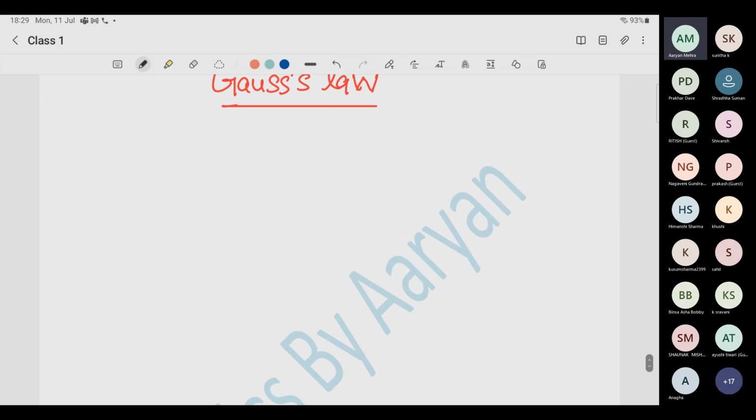In TIFR, almost one question on Gauss law is fixed. In JEST also almost one question is fixed. In CSIR NET, sometimes a direct question from Gauss law comes, or most of the time you have to apply Gauss law in many questions in order to solve them. So Gauss law is the first step and then there is one more step to answer the question. Gauss law becomes extremely important and everybody knows its statement, but no one knows how to implement it.